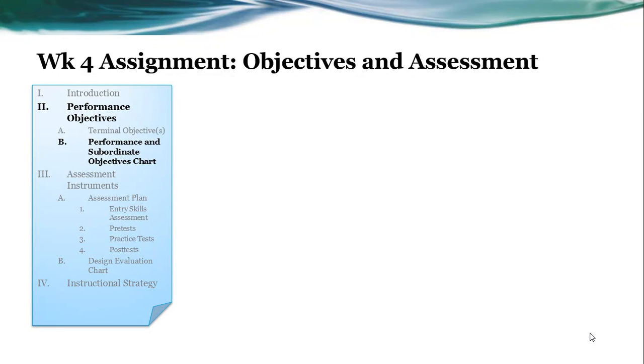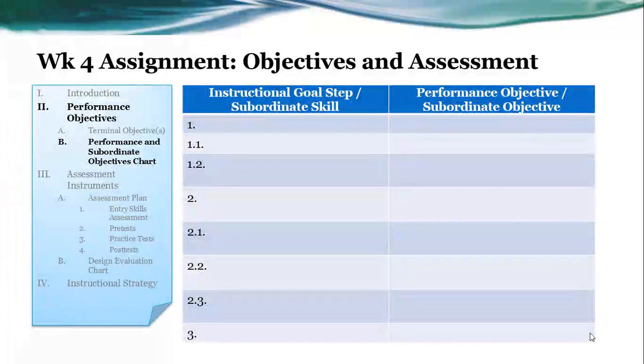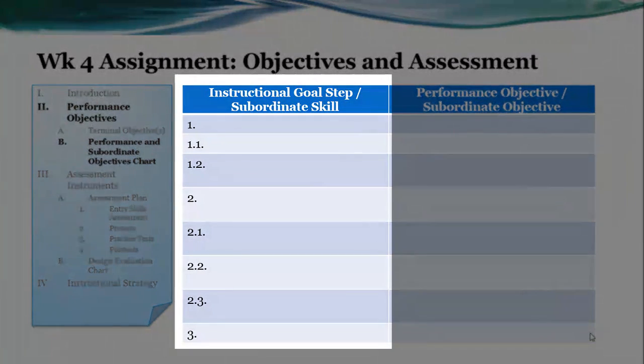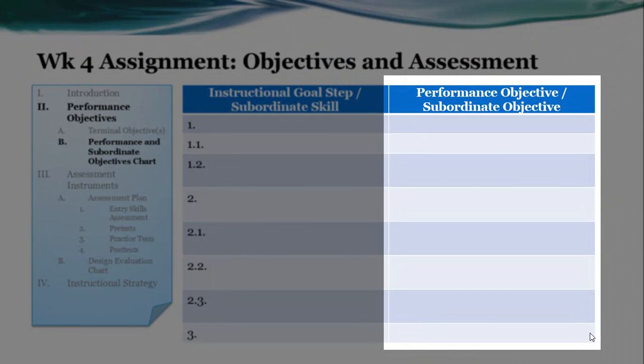And then for the performance and subordinate objectives chart, you're basically going to use a 2-column table where in the first column you're going to enter either your instructional goal step or the subordinate skill, and on the right column you're going to enter either the performance objective or the subordinate objective.